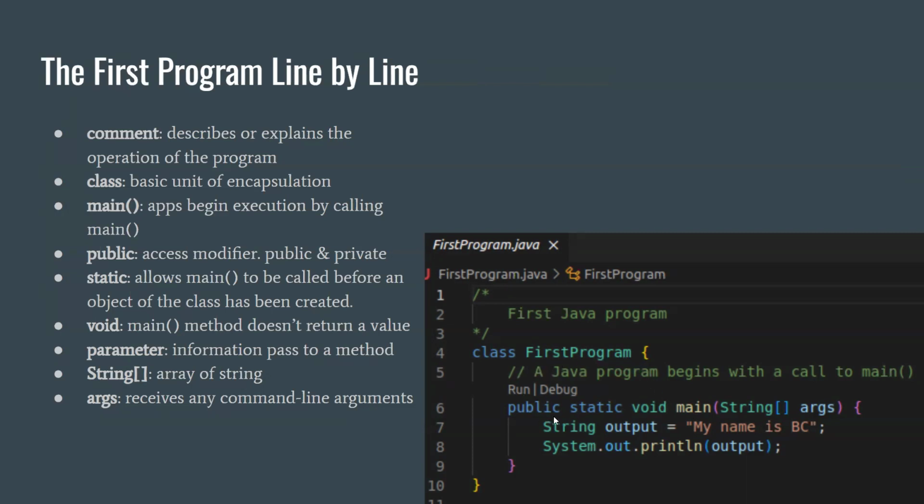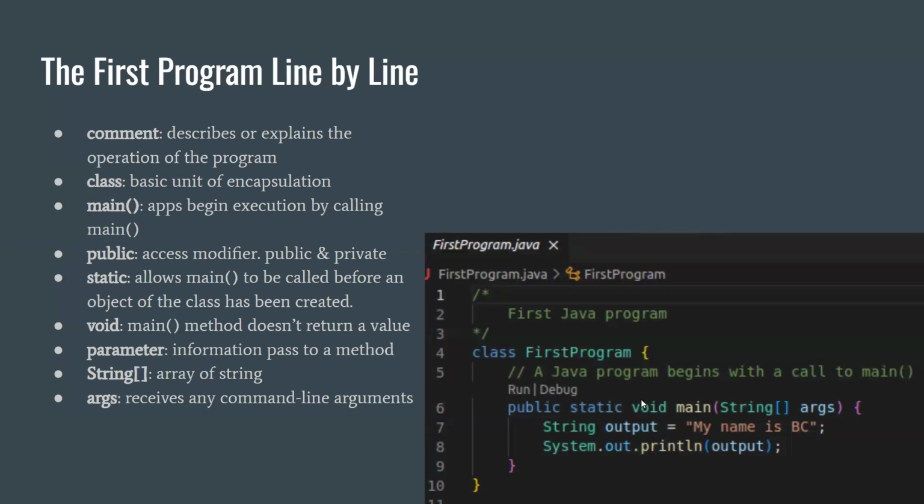We're going to talk about this access modifier more, but right now just know that public is an access modifier, and static allows main to be called before an object of the class has been created. And void means that the main method doesn't return a value.